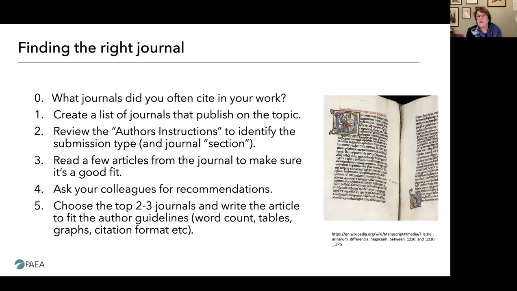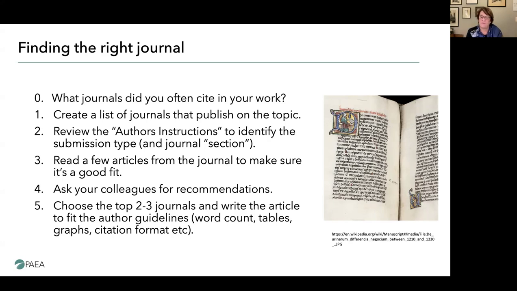So there are a lot of ways to create the list of journals that publish on a topic. You can use JANE.org as one option. You can also just use Google searches and so on to find these quite easily. And then you want to review the author's instructions, which I talked about before, to identify the submission type, and there may be a journal section.